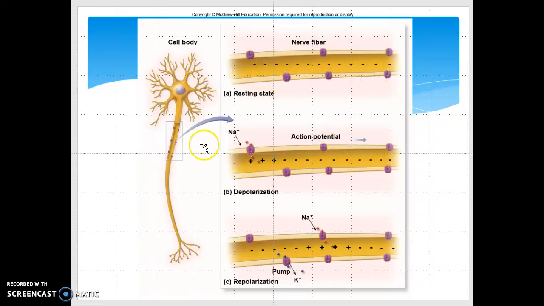But as an action potential in your nerve occurs, this is a small part of your nerve, the sodium can move in quickly. As the sodium moves in, the potassium is pumped out, and this movement of sodium and potassium in and out happens so quickly that it causes an impulse, a movement of positive and negative charges right through your nerve, and that's what quickly responds to any kind of danger or any kind of feeling at all.